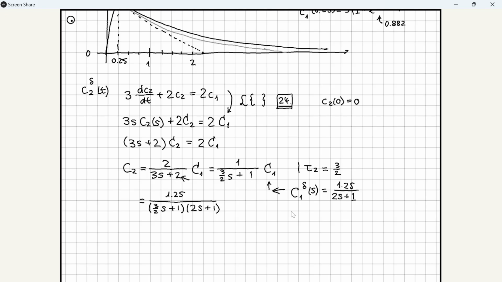And this I can look up in my table, and I need yet another equation. That is equation number 10. And that says if I have something that looks very similar to this, I look at it and I see something called tau 1s plus 1 times tau 2s plus 1.